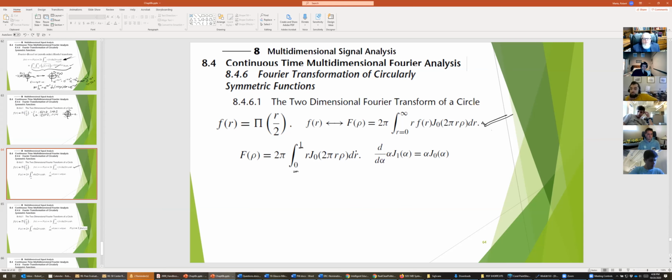Now, how do we evaluate this integral? You take it to the Wolfram integral evaluator, unless you know how to manipulate Bessel functions.